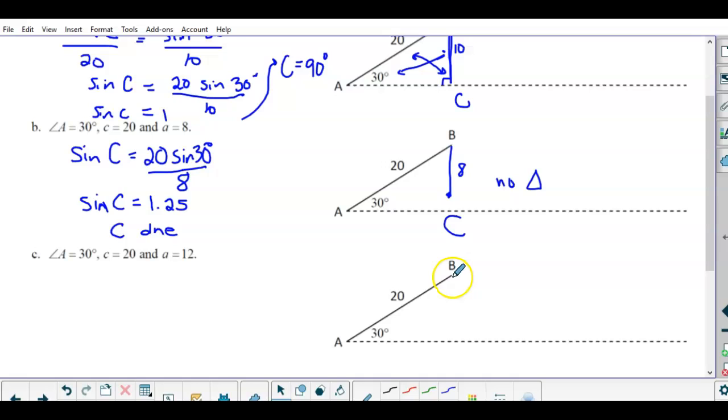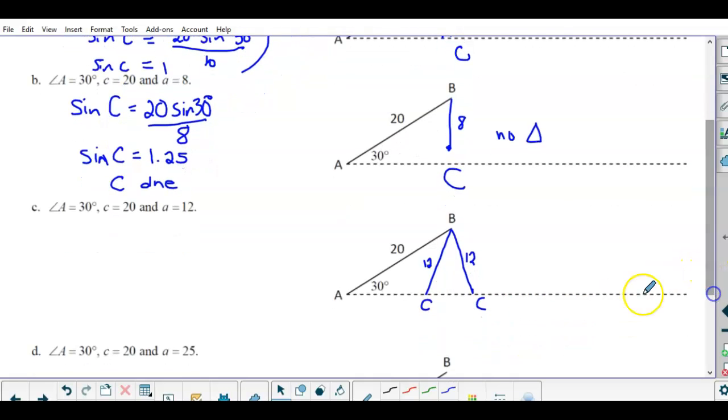So it could be something like this, or it could be something like this. Okay, so that could be C or that could be C. So this is going to be the ambiguous case, two possible values. And you may not know that right away. We just know that based on our previous two examples. You don't want to have to go through that all the time.